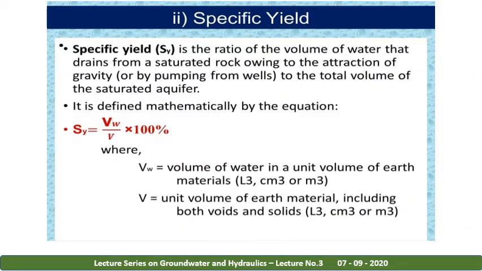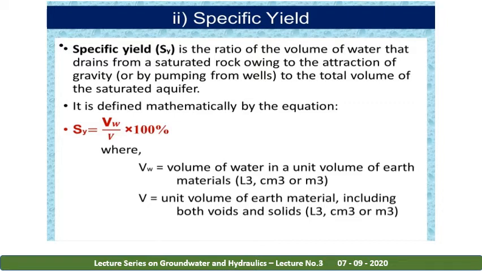The next parameter is specific yield. It will be denoted as S small y. It is the ratio of the volume of water that drains from saturated rock owing to the attraction of gravity, or by pumping from the well.